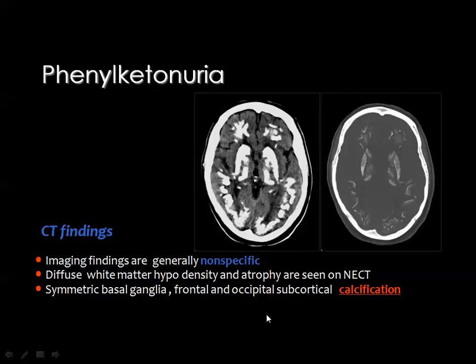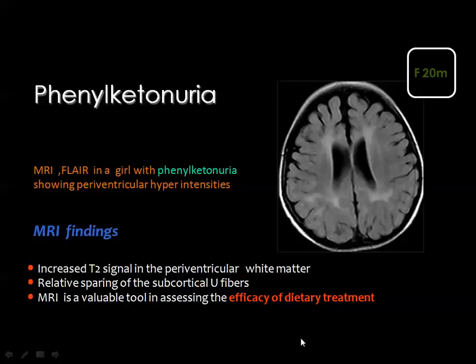On the CT scan, you can see hypodensity within the white matter, some atrophic brain changes, but the prominent feature of this disease is the bilateral, almost symmetric basal ganglia calcification, as well as affection of the white matter in the frontal and occipital subcortical area. As you can see here, this is the lentiform nucleus, the part of the thalamus, and also the caudate nucleus and the frontal and occipital subcortical white matter.